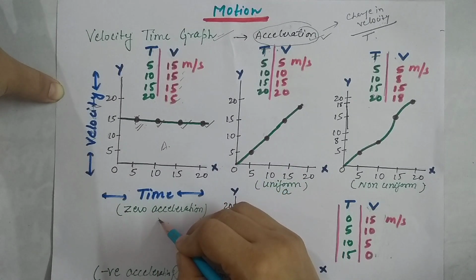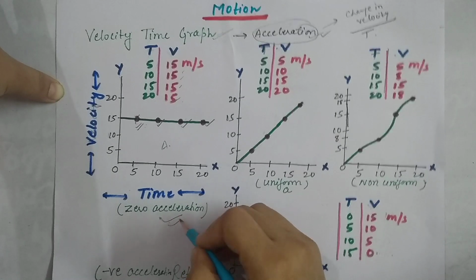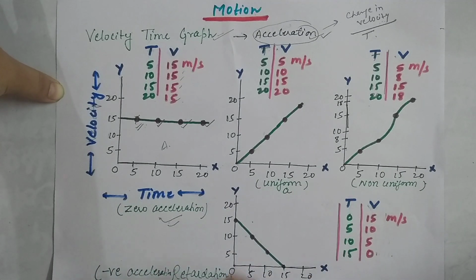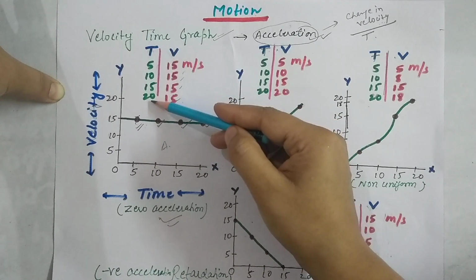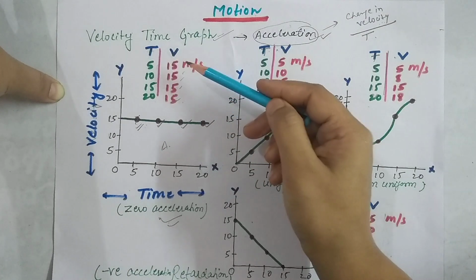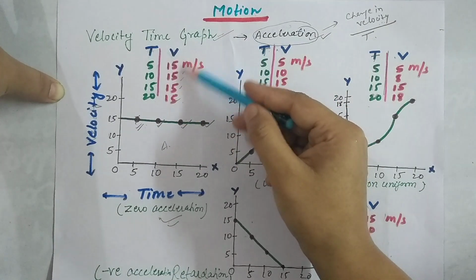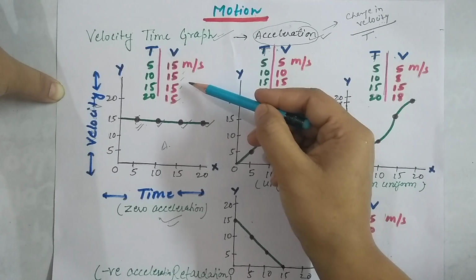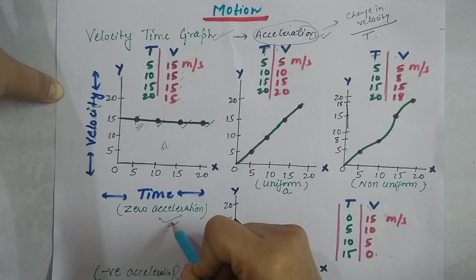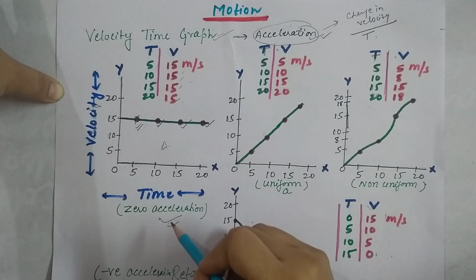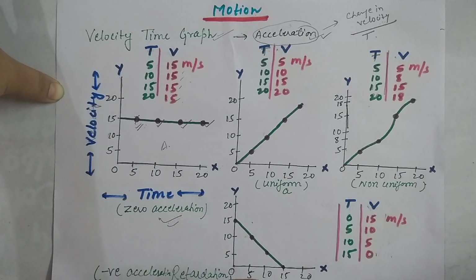This graph shows zero acceleration, because the velocity should change with time, but here no velocity is changing.